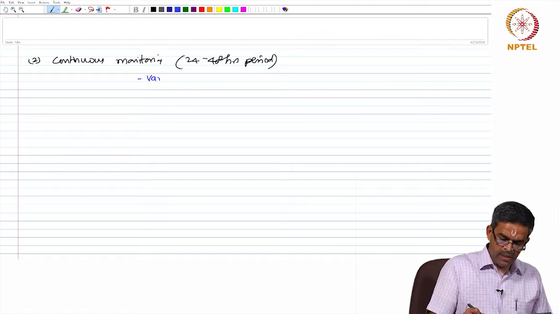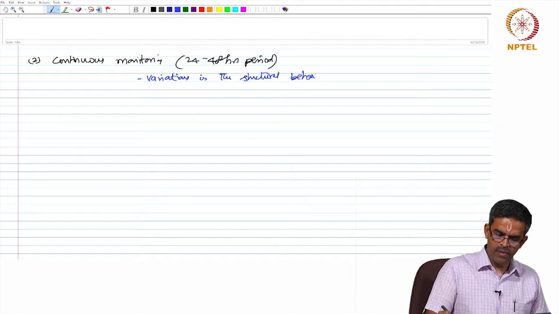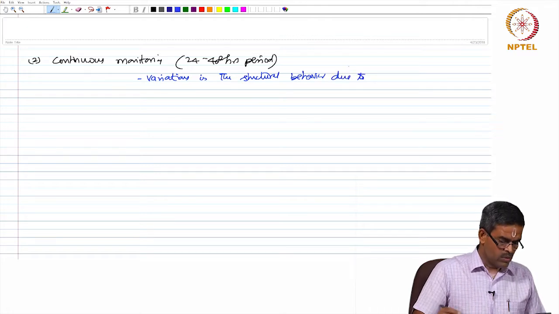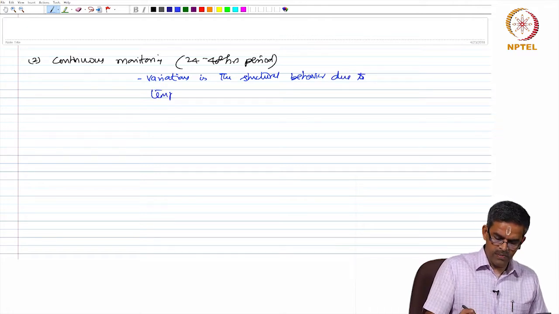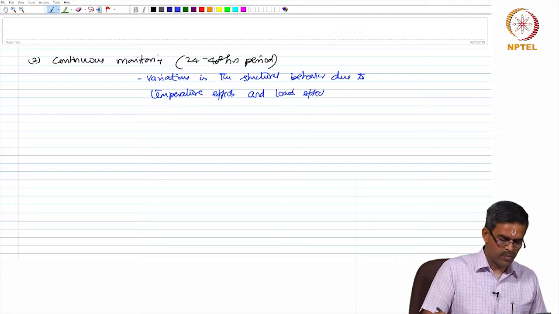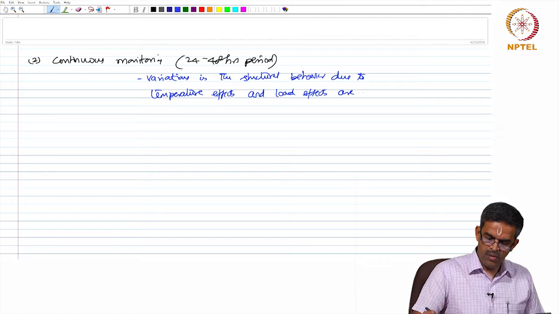In this case, variations in the structural behavior due to temperature effects and load effects are monitored continuously.